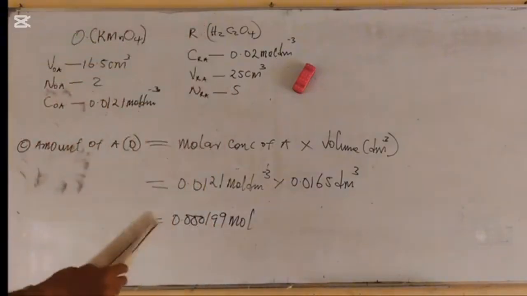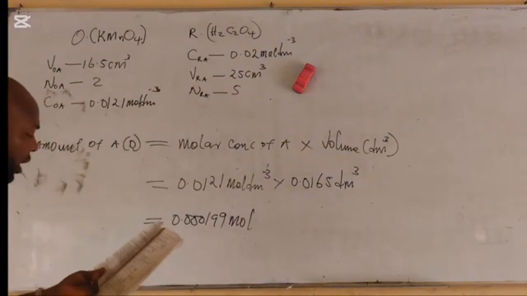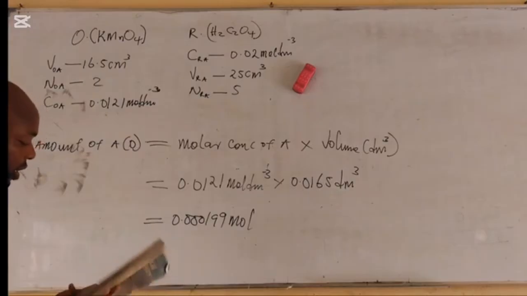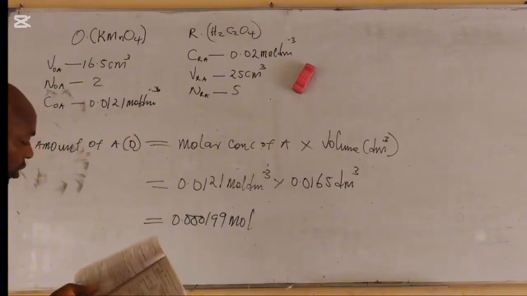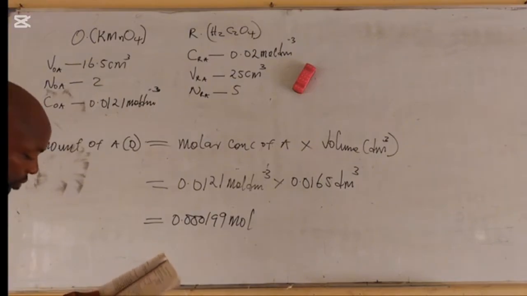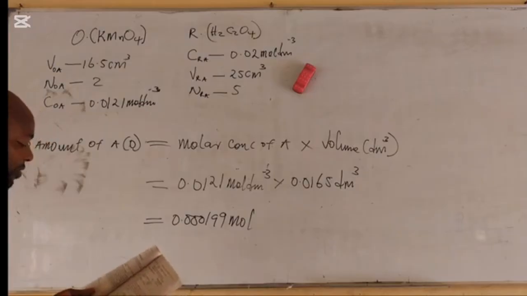Our next question says that A is a solution containing 3.70 g/dm³ of an acid H2X. B contains 2.15 g of sodium hydroxide per 250 cm³ of solution. We should put A in a burette and titrate it against 20 and so on and so forth.